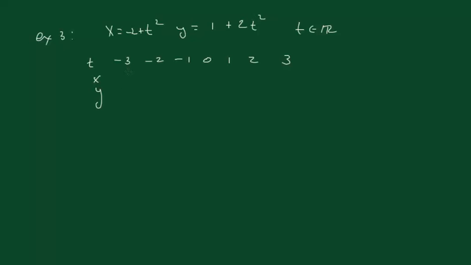When I plug in negative 3, that's going to give me 7 for x, and 19 for y. Plug in negative 2, and that's going to give me 2 for the x, and 9 for the y. And finishing them up, we get those points.